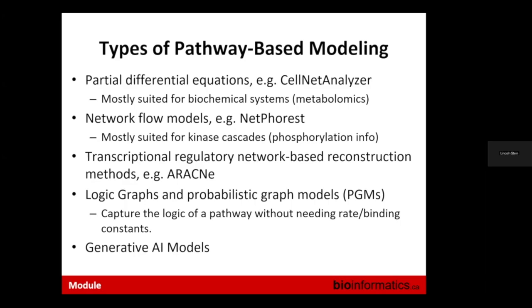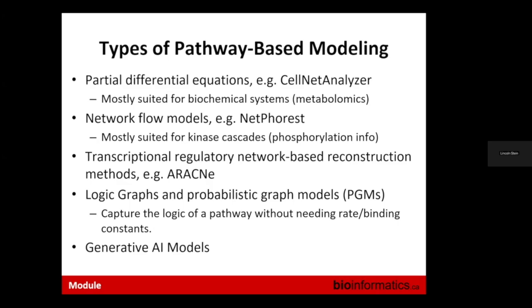This is not my field, but people seem to use CellNet Analyzer a lot. Then specifically for kinase cascades and signaling, particularly used in the drug industry, there are network flow models. An example is called NetForest, which are models based on kinase cascades, and given binding constants and KMs, will predict what happens when you phosphorylate a particular protein, what else will be phosphorylated, how will activities be affected.